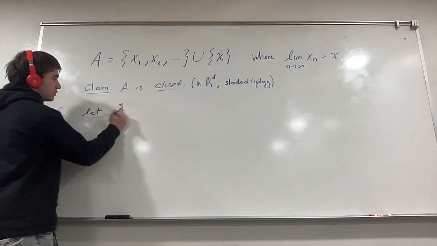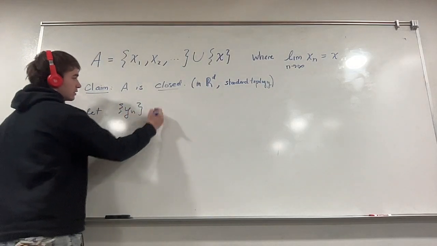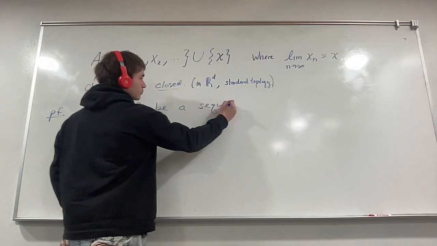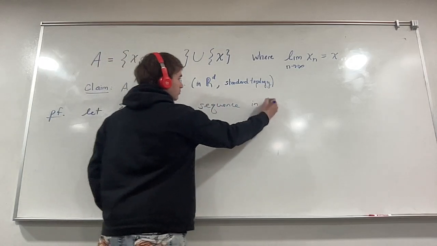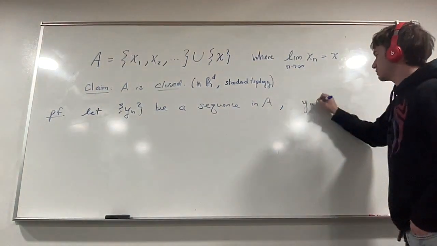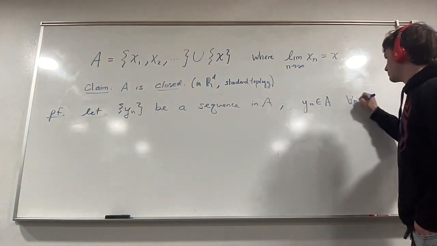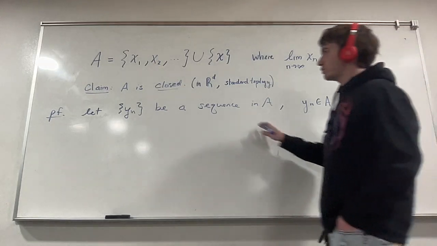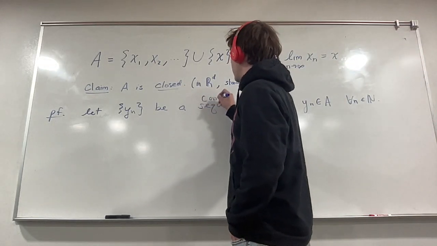So let y sub n be a sequence in A. That is, y sub n is going to belong to A for all n. And I actually want this sequence to be convergent.